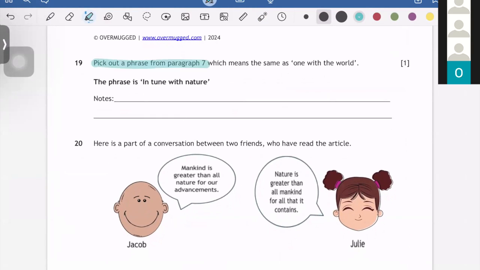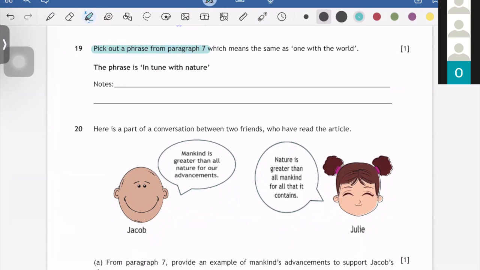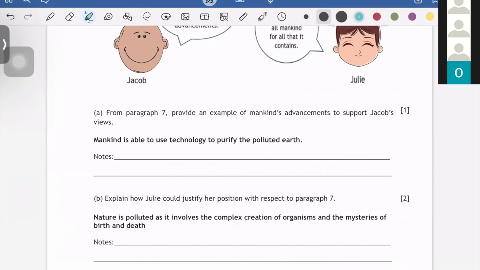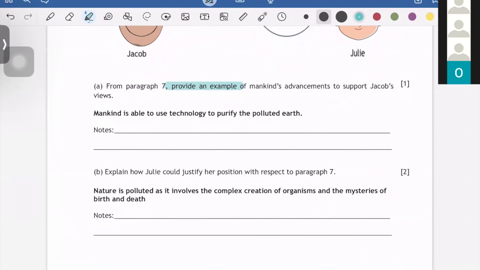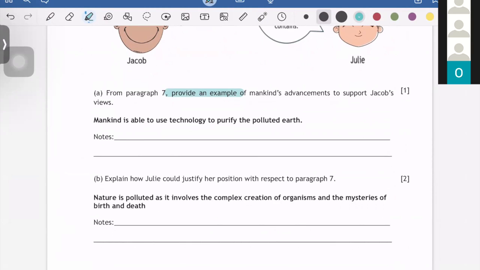Picking out a phrase from the passage as well. Provide an example. And then even 20b, they told you with respect to paragraph 7, you are taking the information from that paragraph.